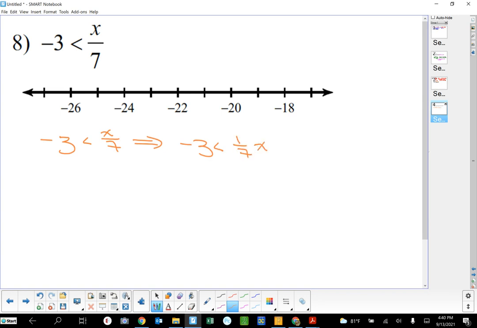Now, if you have a fraction in here and that fraction is only in the denominator, we can get rid of it by multiplying it out, right?